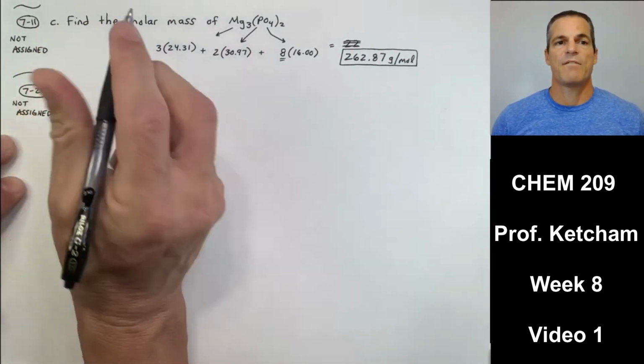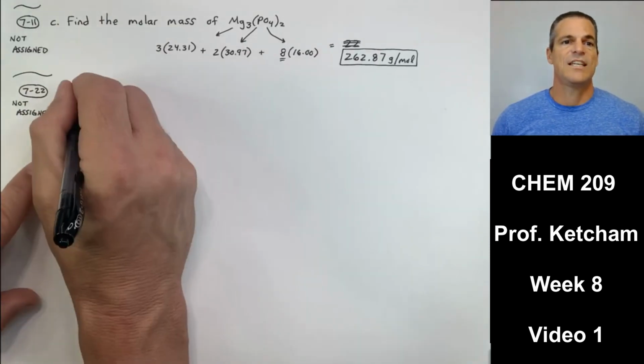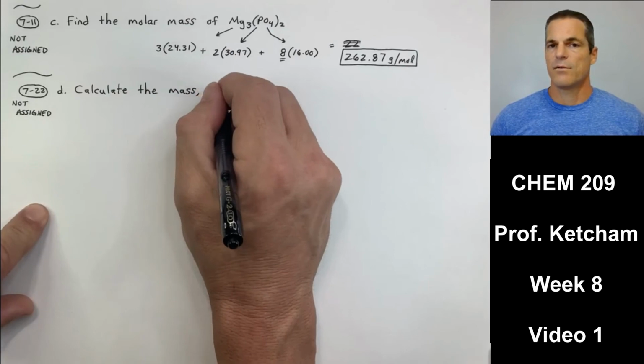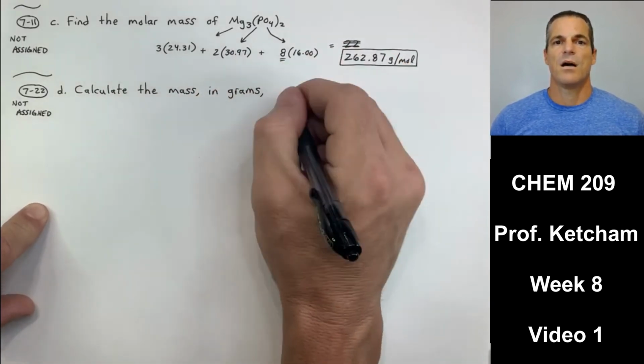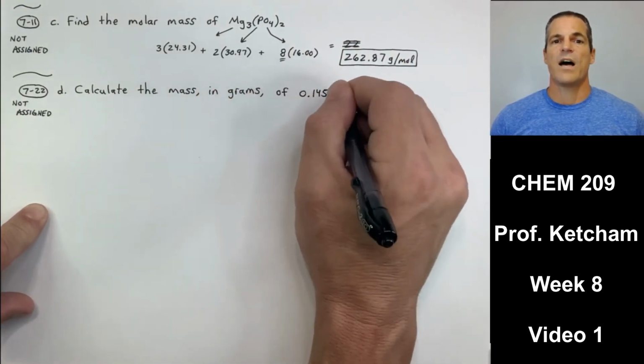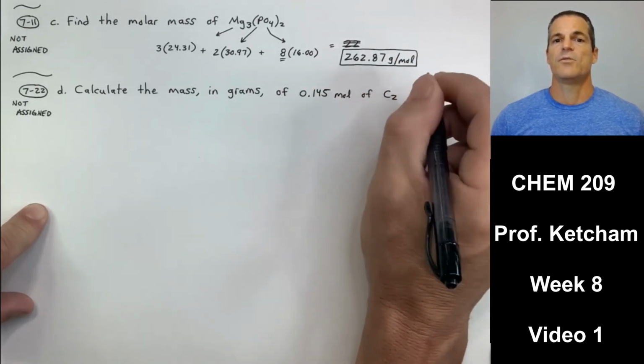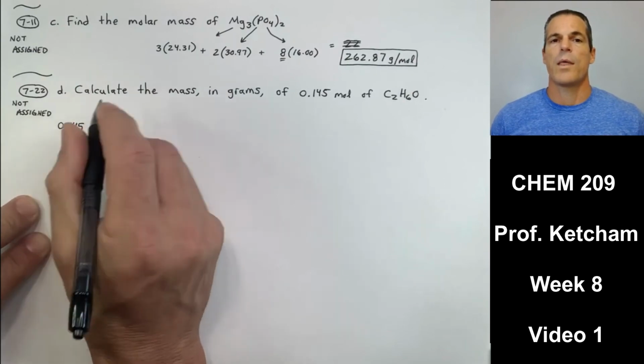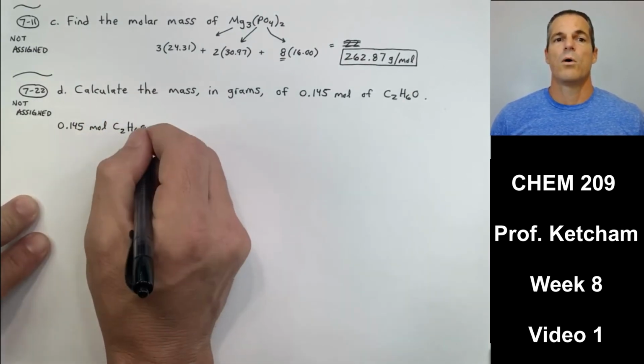So this is chapter 7, number 22. D says, calculate the mass in grams of 0.145 moles of C2H6O. So I need to go from moles, that's my start with what I'm given, put it over 1, moles to grams.